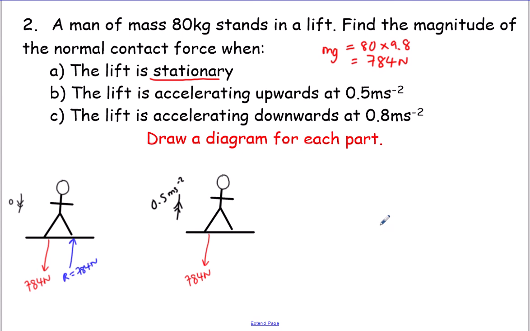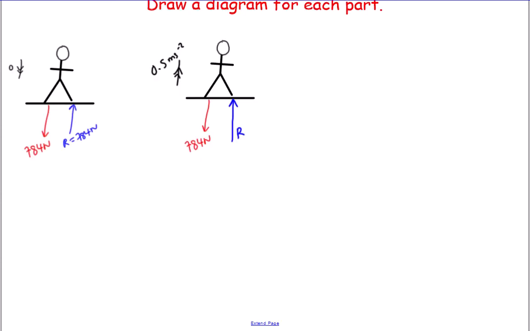Okay? Because if they were equal, he wouldn't be accelerating. He's accelerating upwards, which tells me that the forces acting upwards on this man are greater than the forces acting downwards, and that's why he's accelerating up. So R is now bigger than 784. How much bigger? Well, we'll have to use F equals ma to find out.